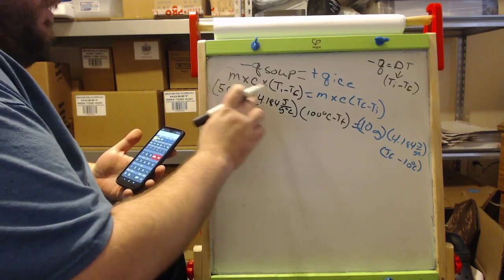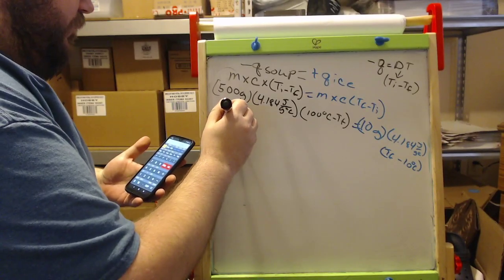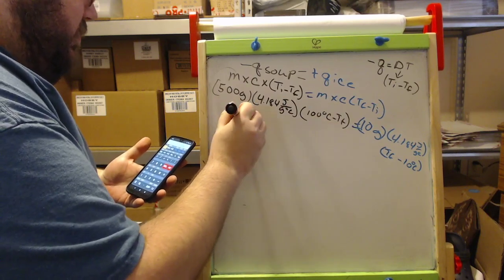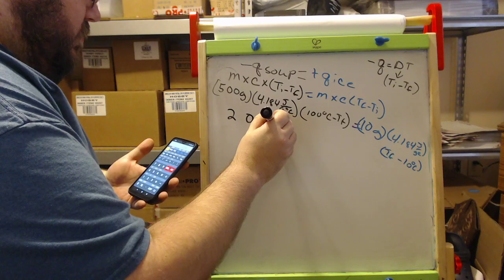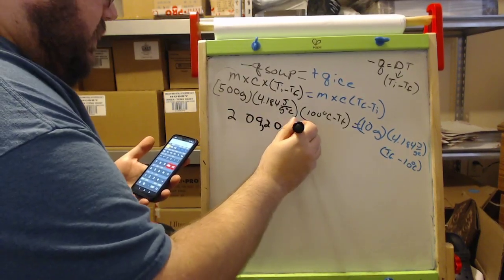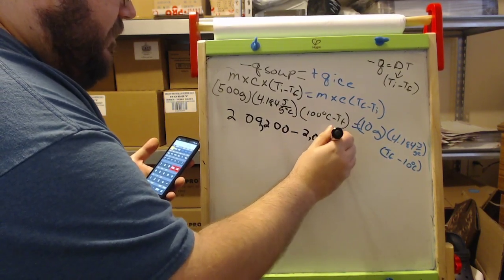All right, so I'm going to multiply and distribute. So 500 times 4.184 times 100 is 209,200 minus 2,092 Tf.